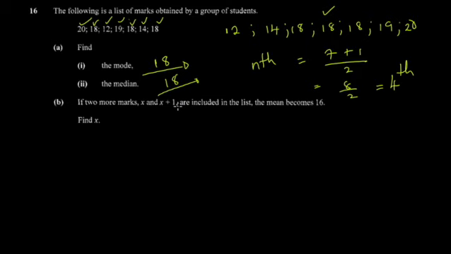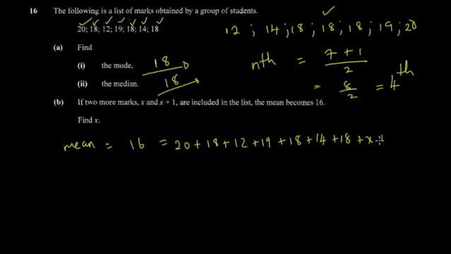If 2 more marks, x and x plus 1, are included in the list, the mean becomes 16. I'm asked to find x. If these were just simple numbers, what you'd have done is just add everything. So the mean, which is equal to 16, you'd work out by saying 20 plus 18 plus 12 plus 19 plus 18 plus 14 plus 18, then plus x plus 1.